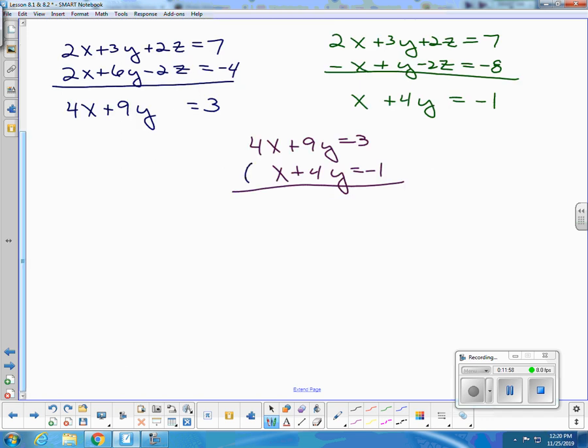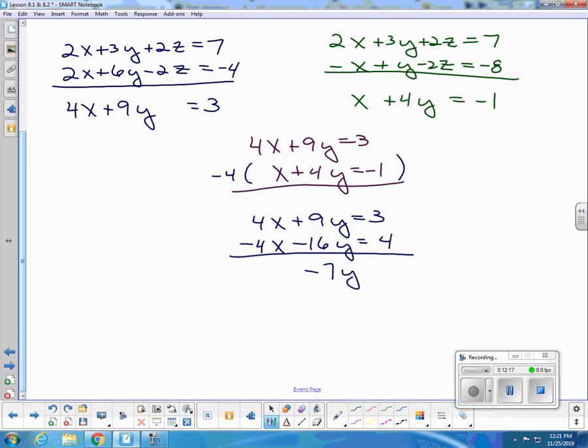X. So we're going to multiply this bottom by -4. So my first one doesn't change. My second one becomes -4x minus 16y plus 4 equals 4. I get y equals -1.